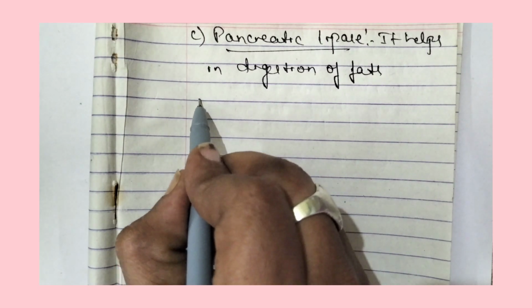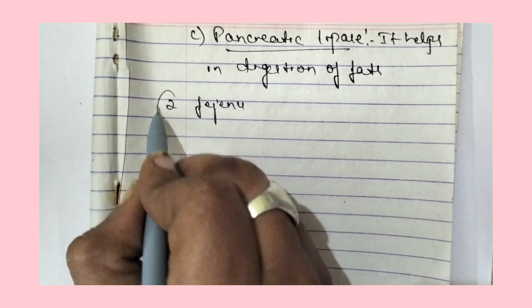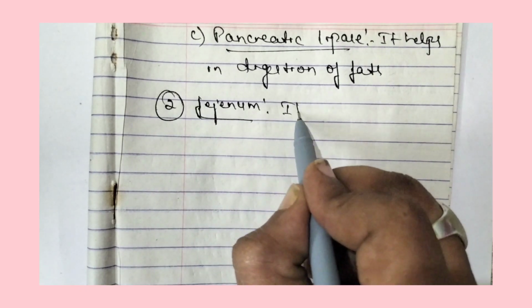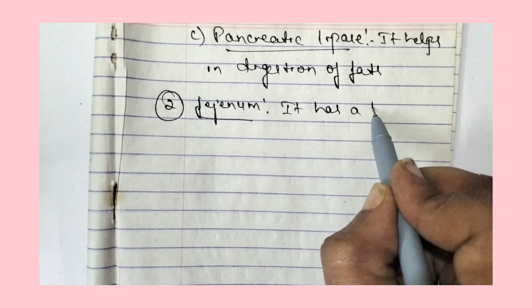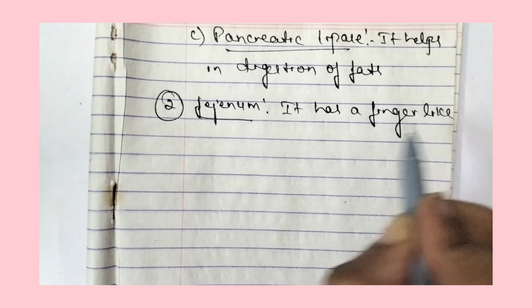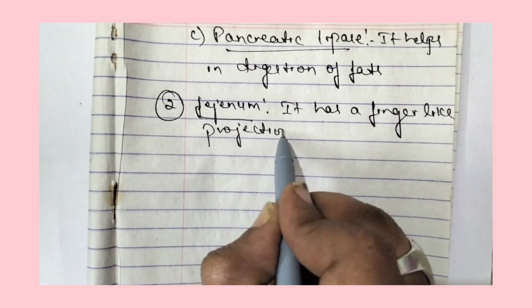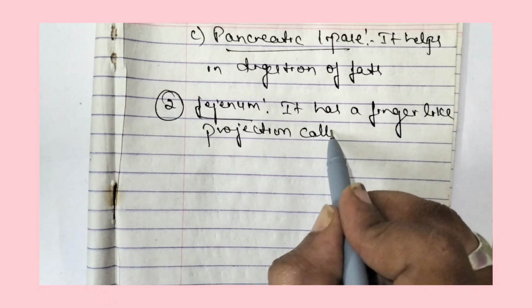Then jejunum. The second part of the small intestine is called jejunum. It has a finger-like projection called villi.